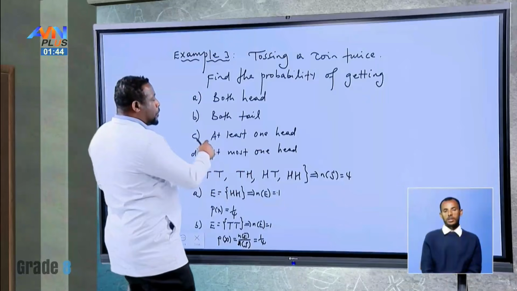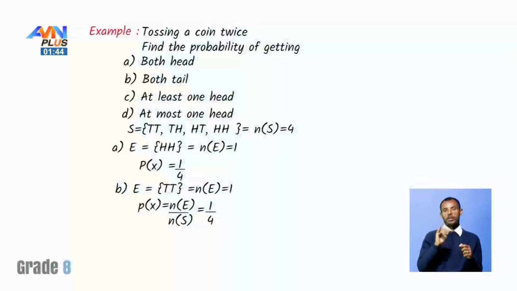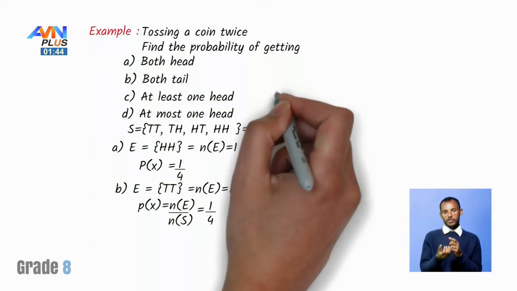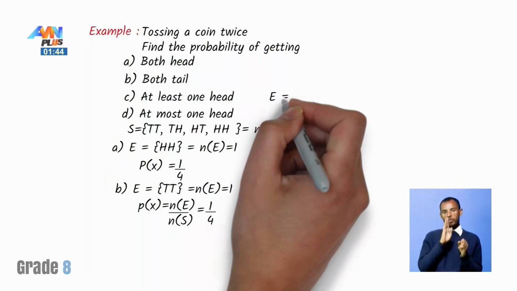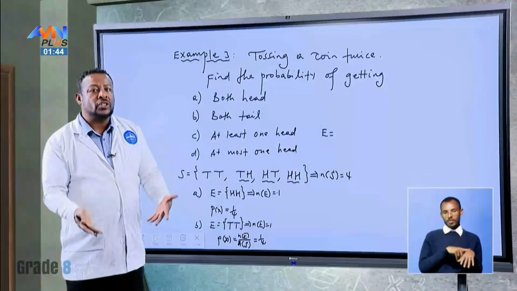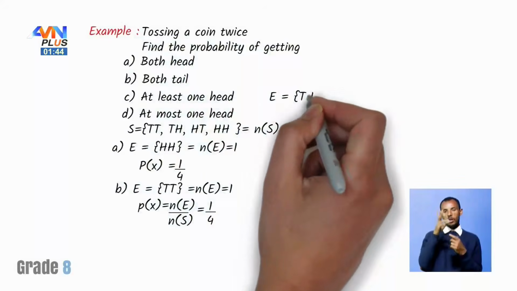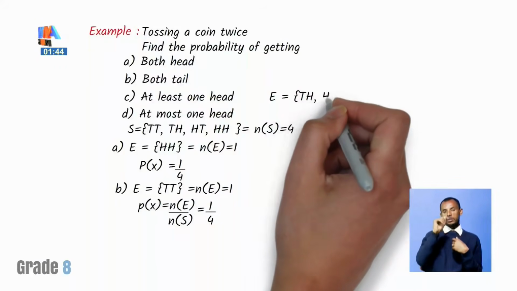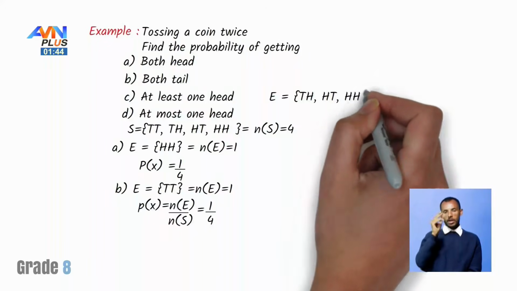So the probability of getting at least one head contains the event, here in this case, at least one head. This can be taken. This can be taken. And both heads can be taken. Okay, you are free to take both H. So your event will have a set containing TH, HT, and HH.